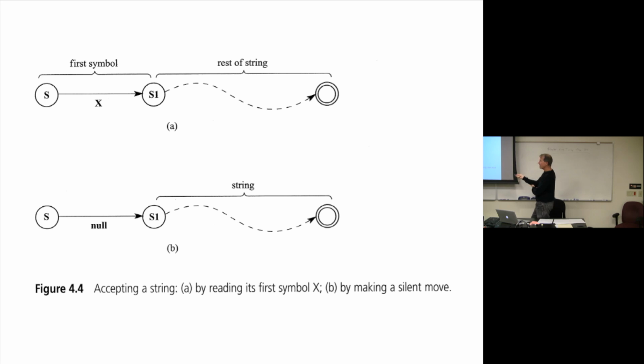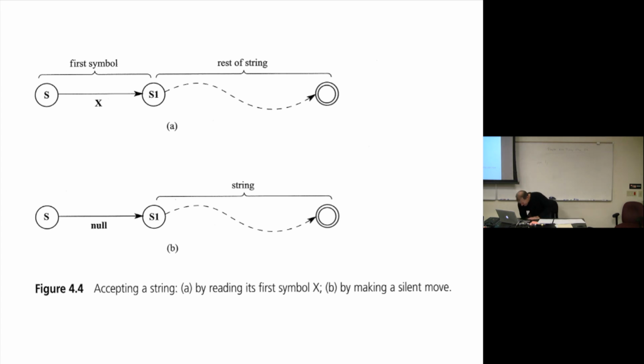But on the other hand, we should also be able to do that if we can go from S to S1 on null, and then we can go from S1 to the final state on the whole string, because that means we didn't scan a character. Now look, you guys, that's all you have to do to code up a non-deterministic finite state machine engine.